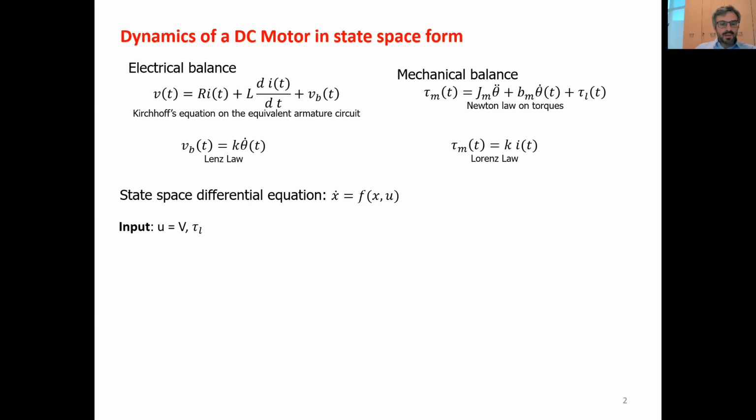There is something else. So we see here there is a derivative of angular velocity. Yes. So angular velocity is a state. There is another state missing.